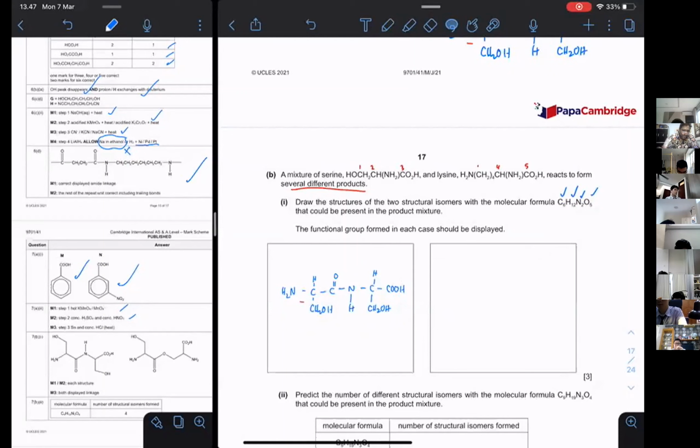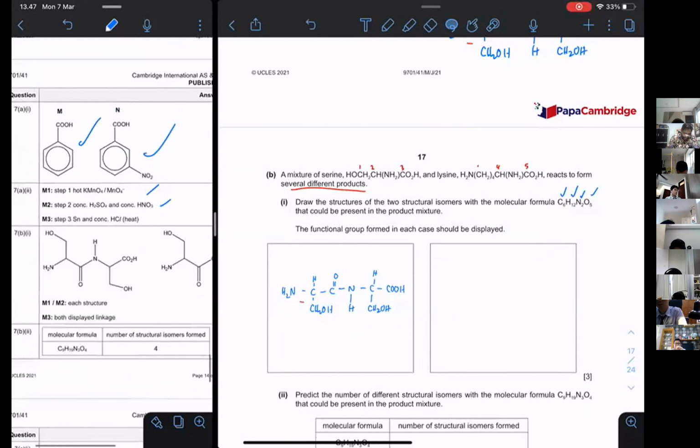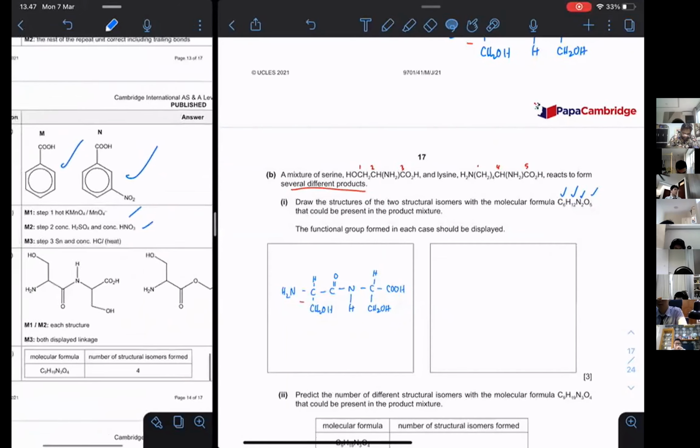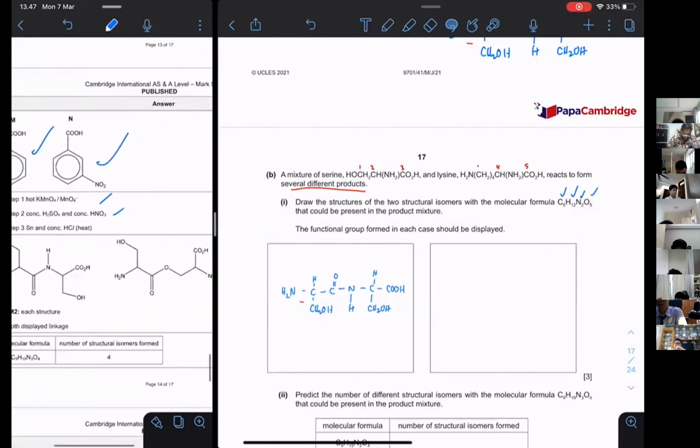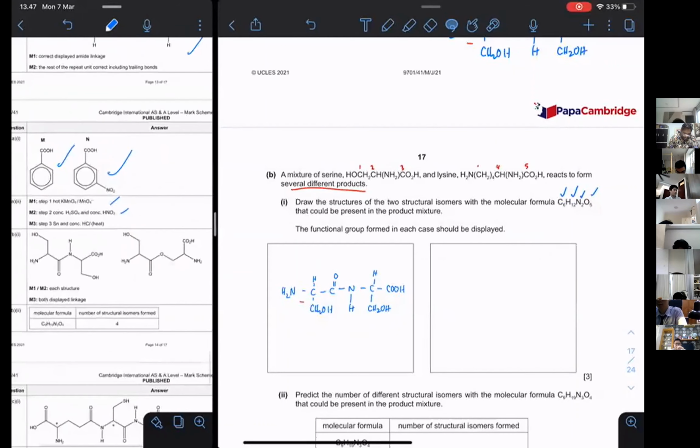From the marking key, I can see that they use the OH here up, NH2. They just use the same thing, but they basically didn't redraw this polymer.